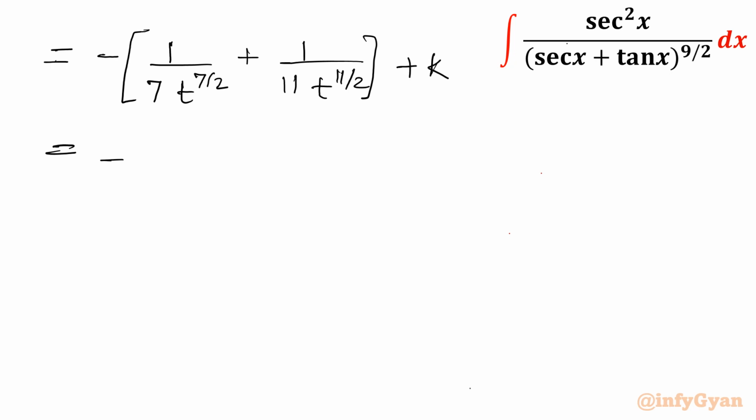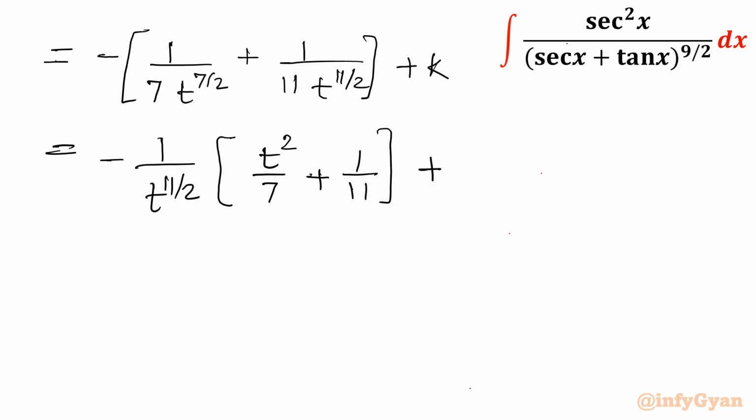Now I will take 1 over t raised to the power 11 by 2 common. Then what will be left in the brackets? It will come out t square over 7. You can check: it will be 11 minus 7, so 4 over 2, so t square, and plus 1 over 11, plus integration constant k.